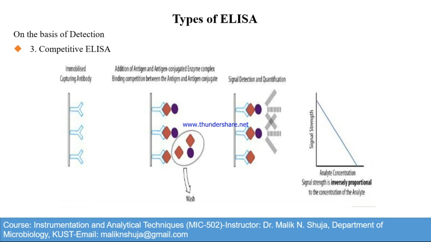It may be between two types of different antigens, one a specific antigen and the other an alternative antigen. So it is basically used for a competition in order to find out the concentration of antibody or antigen in a given sample.